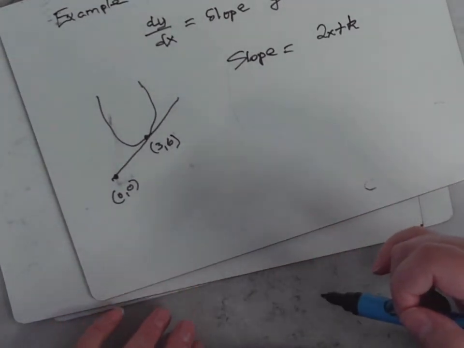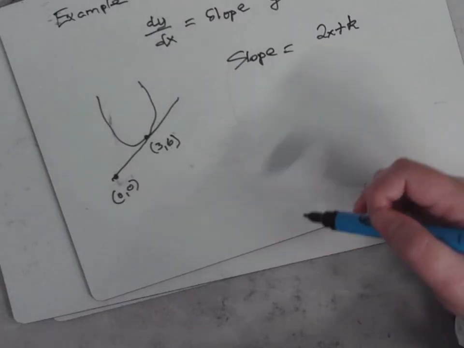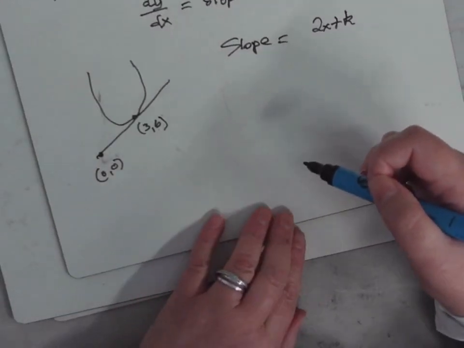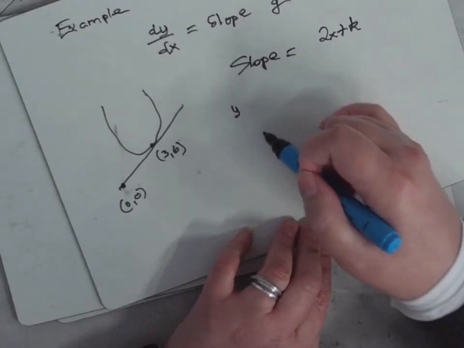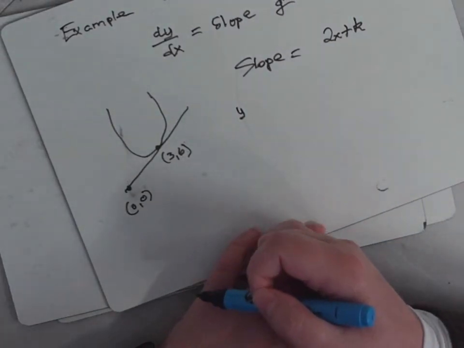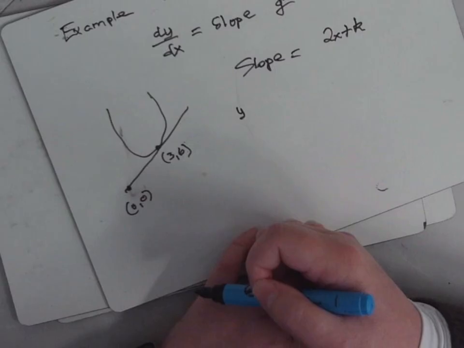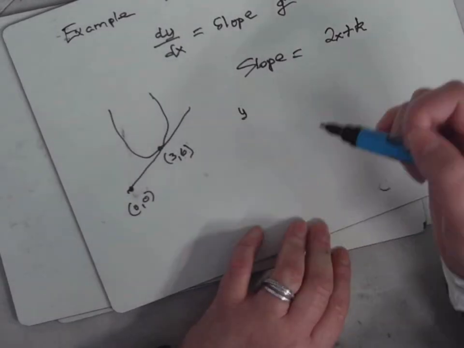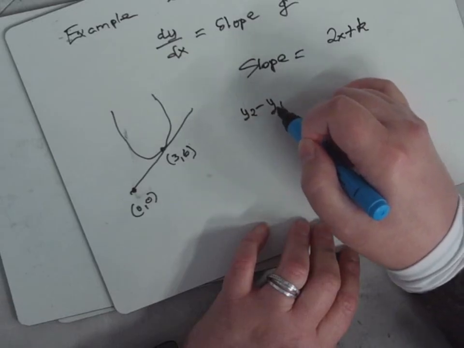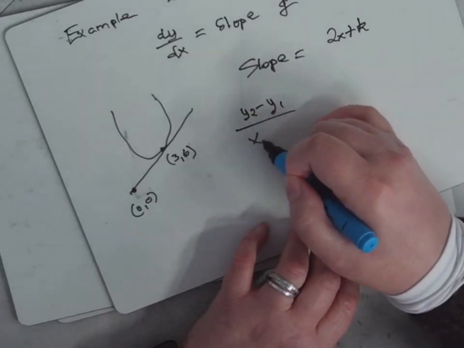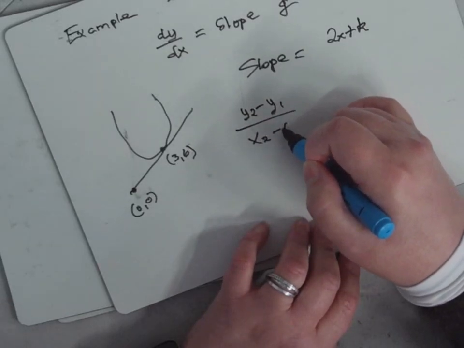But I can get the slope of the line another way, can't I? What could I do? Use the slope formula. How are you getting 2x plus k? It's in the question. They're telling me dy dx equals 2x plus k. So y2 minus y1 all over x2 minus x1 is another way of getting the slope.